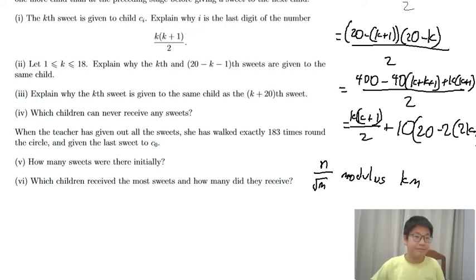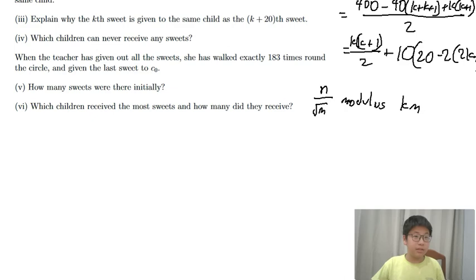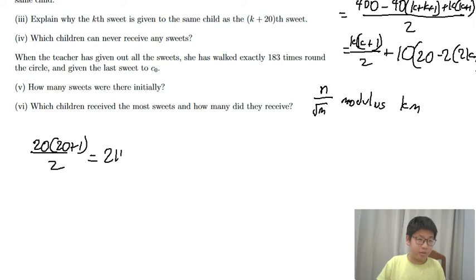Got that? So, explain why the kth sweet is given to the same child as the (k plus 20)th sweet. This is basically telling us that 20 times 21 over 2 is divisible by 10. It's 210, which equals 10 times 21. Coincidentally, the 20th triangular number is the 4th primorial.